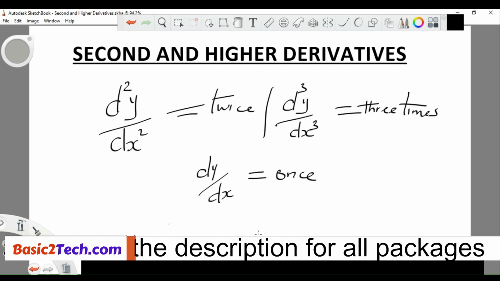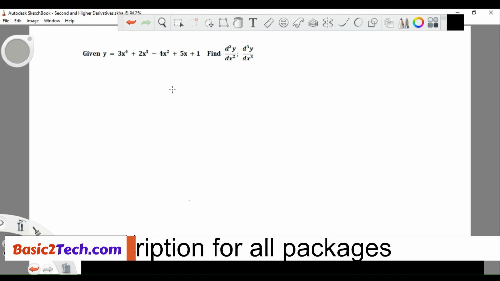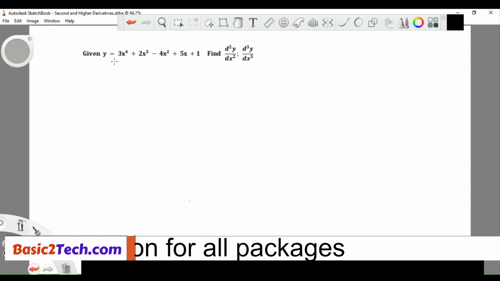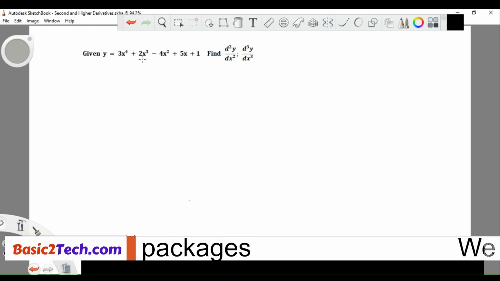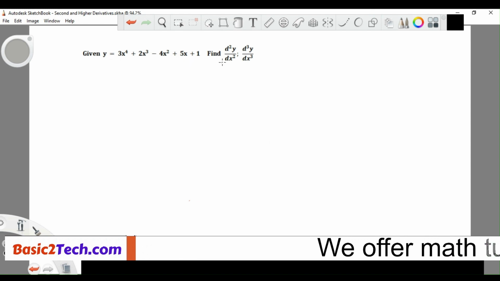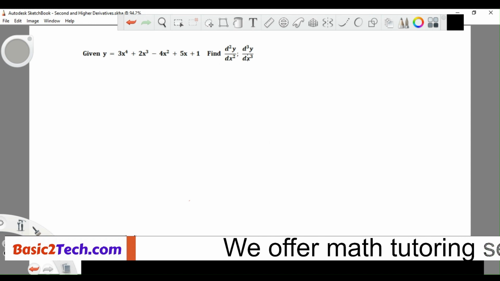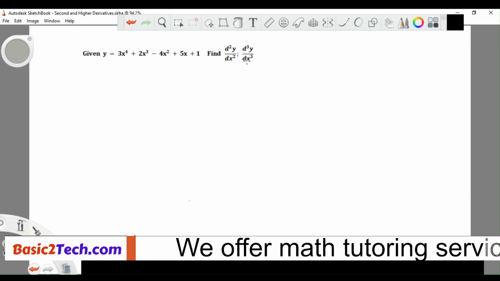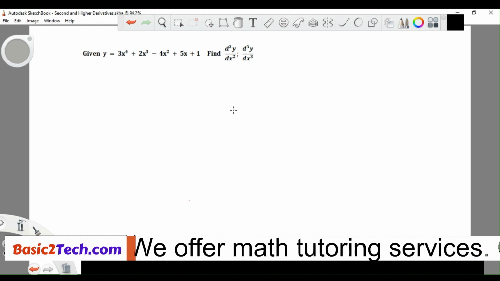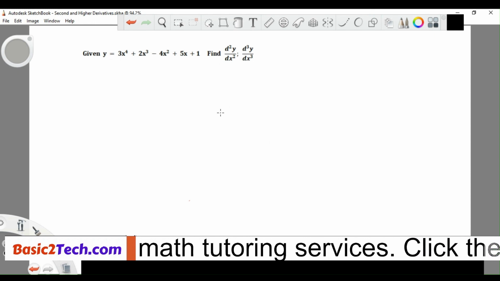So let's look at a question. Here is a given question. We're asked to differentiate y equals 3x to the power 4 plus 2x to the power 3 minus 4x squared plus 5x plus 1. Find d squared y over dx squared and d cubed y over dx cubed. So we're asked to differentiate first, to differentiate twice, and to differentiate a third time.